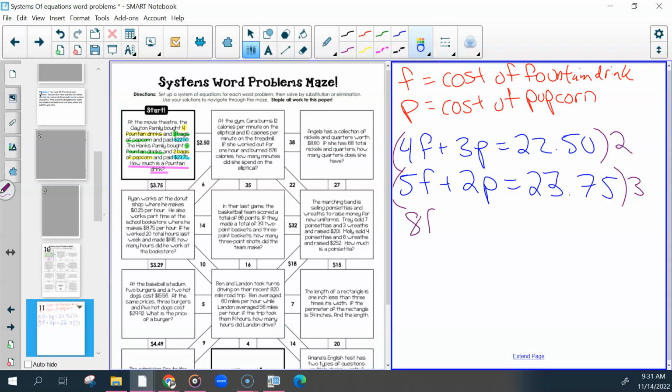We have 8F plus 6P equals 50 something. Multiply that, tell me what that is. It's 40.